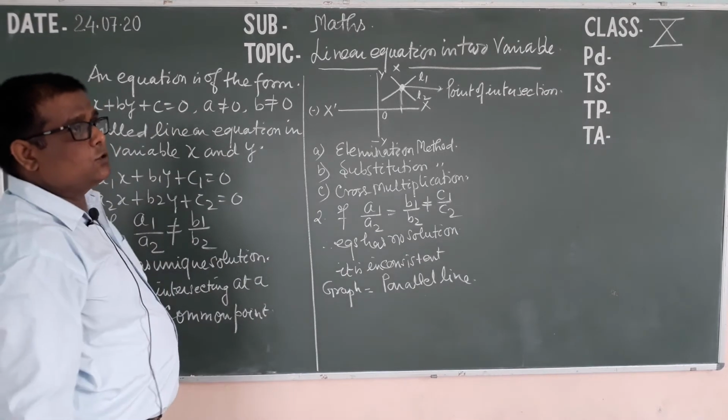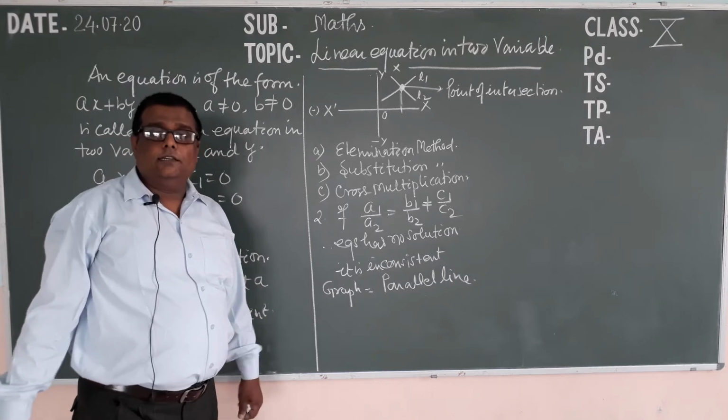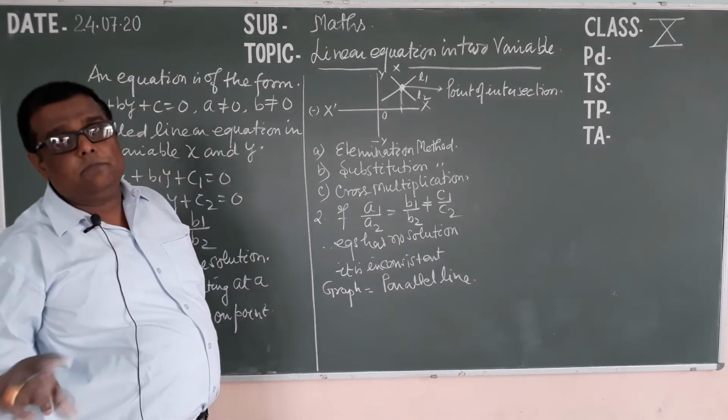Two lines which do not intersect anywhere, and the distance between them is the same everywhere.